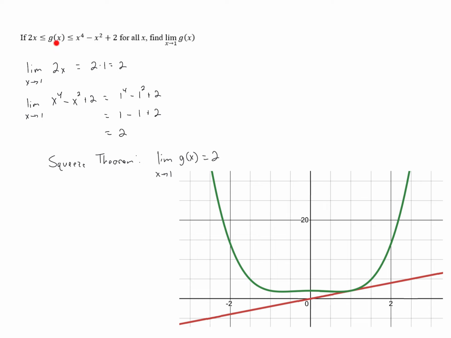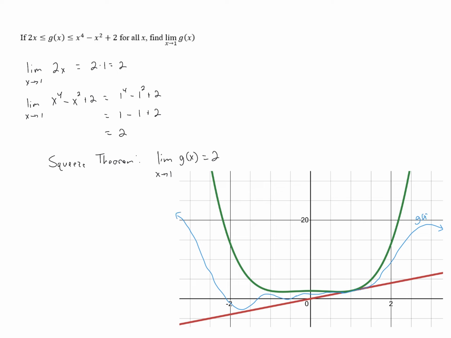Now remember, we don't know what g of x is, but we know that it is squeezed between these two other functions. So g of x has to be in between these functions. We don't know if it's oscillating or not. We truly know nothing about it other than it's between those functions.